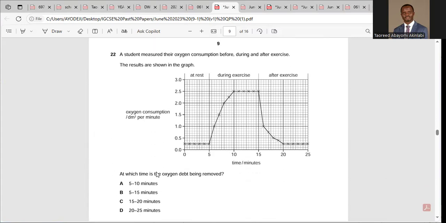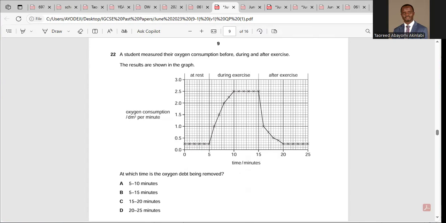Question 22, a student measured their oxygen consumption before, during, and after exercise. Their results are shown in the graph. At which time is the oxygen debt being removed? Now, the time when oxygen debt is being removed is when the athletes have stopped exercising, all right?